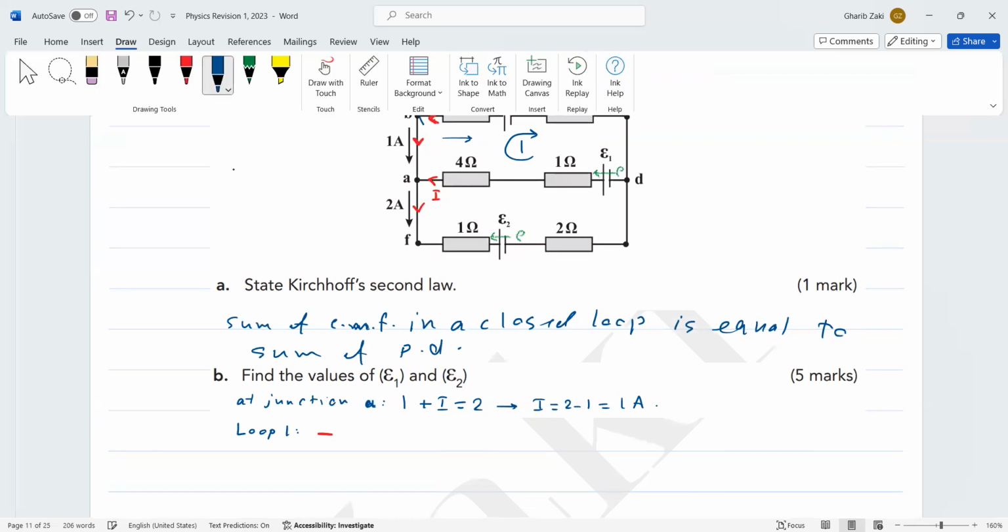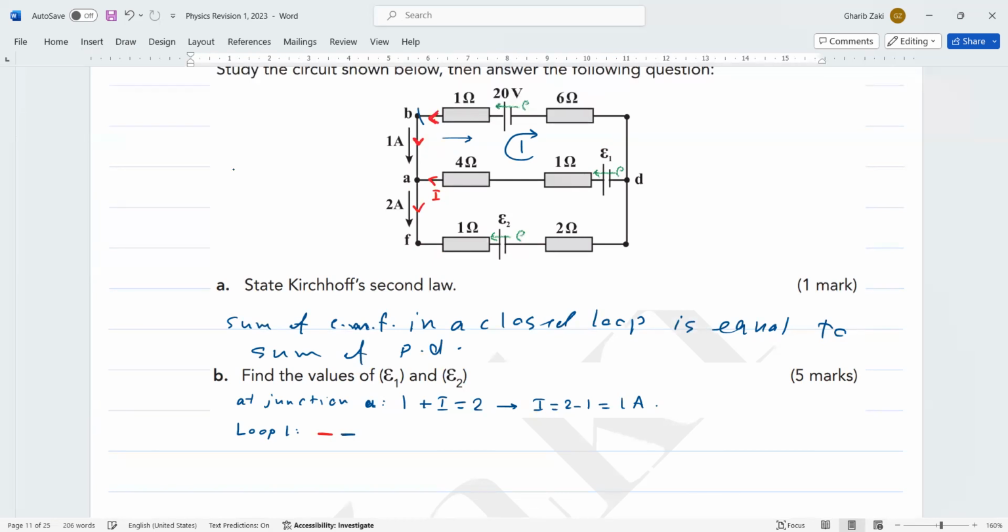The resistor will be negative, but because the direction of current is opposite to the direction of the loop, we put another negative. The current is 1 ampere and the resistor is 1 ohm. So it's 1 multiply 1. Also, the direction of the loop is opposite to the direction of electron flow. So it's a negative 20.